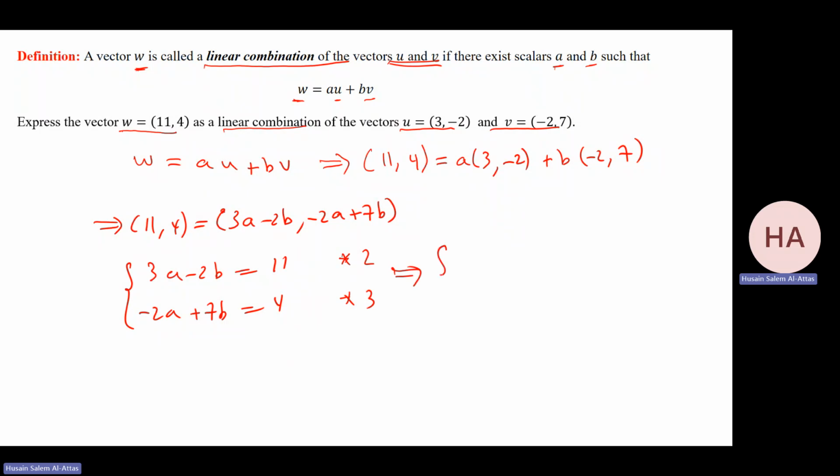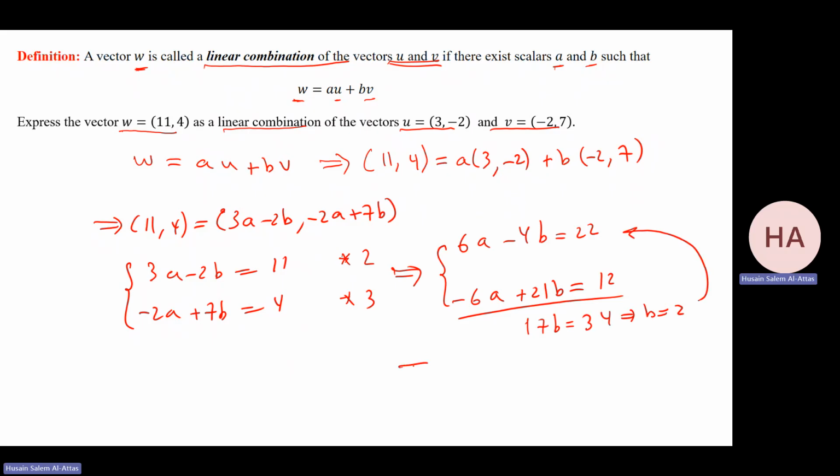That gives me 6A minus 4B equals 22, and minus 6A plus 21B is equal to 12. Add those, cancelled. I'm getting minus 4 plus 21, that will be 17B is equal to 34. So B equals 2.